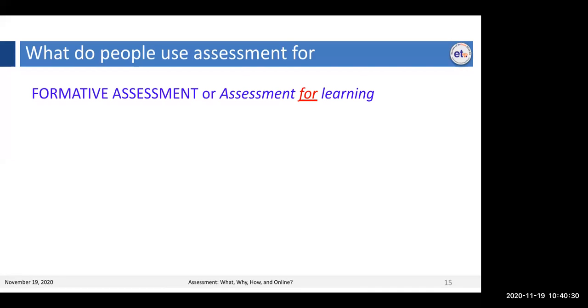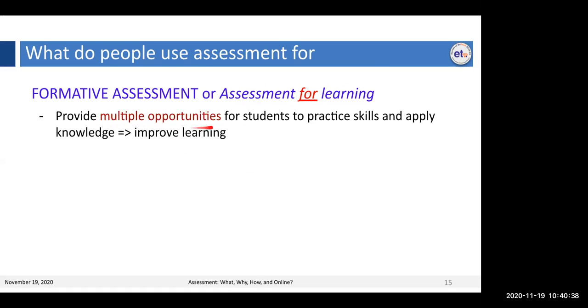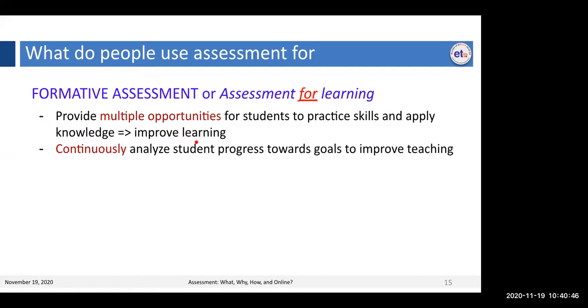Then let us take a look at formative assessment, or the assessment for learning. Correct. So this actually provides multiple opportunities for students to practice skills and apply knowledge. So that's basically improving learning. Okay. So this continuously analyzes students' progress towards goals to improve teaching as well as learning. So this is mostly continuous assessment.